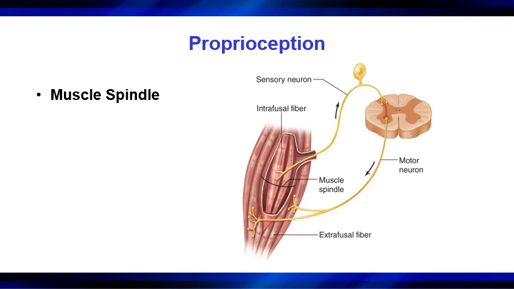Where you would see this medically, a simple example is when you're getting your reflexes tested. When you're sitting on the edge of the table getting a neurological exam, and the healthcare professional, regardless of who it is, taps the patellar tendon and you get that little bit of a contraction, that's actually setting off the muscle spindle.